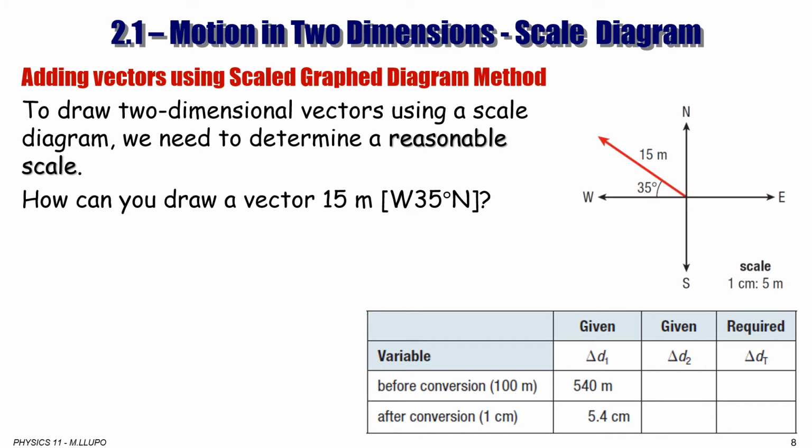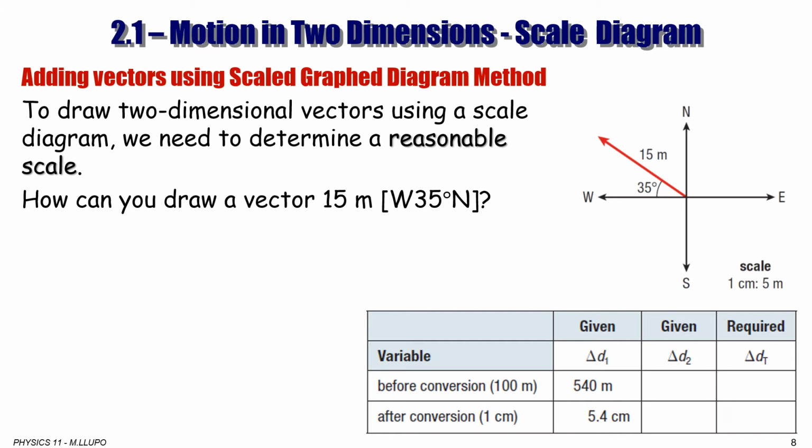Let me give you an example. If you have 540 meters for delta D1 and 700 meters for delta D2, you can draw with the same scale, 1 to 100, a 5.4 centimeter delta D1 and a 7 centimeter delta D2.